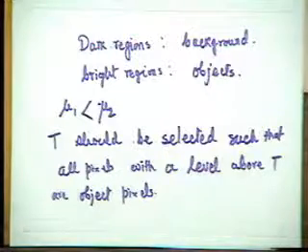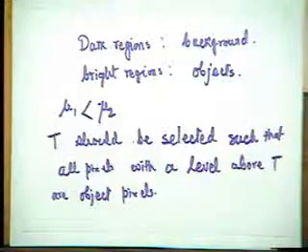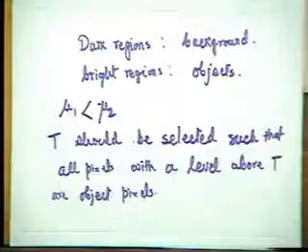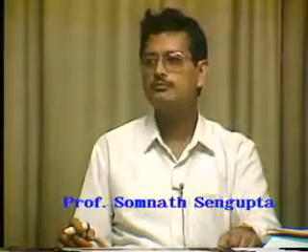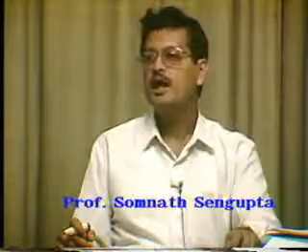Now, in order to determine the optimal threshold, let us select a characteristic, that is to say, the probability that a pixel is wrongly classified. We would like to find out the probability of erroneously classifying an object point into a background point, and also erroneously classifying a background point into an object point.